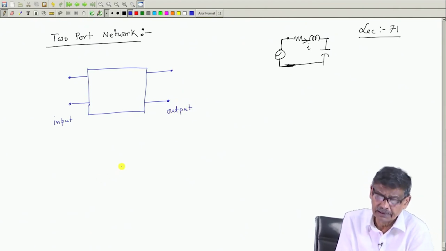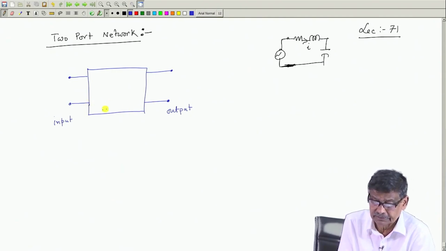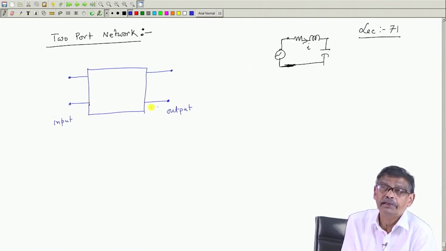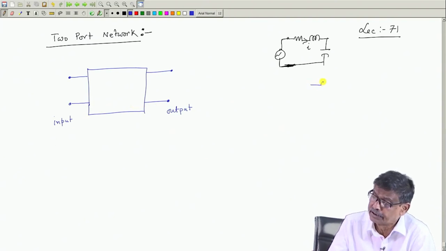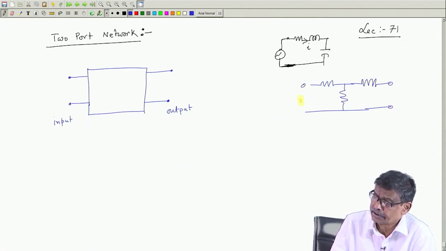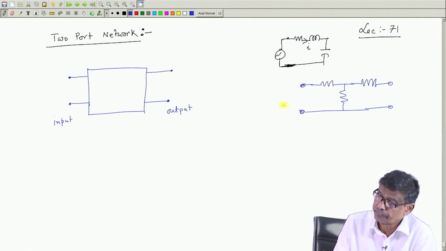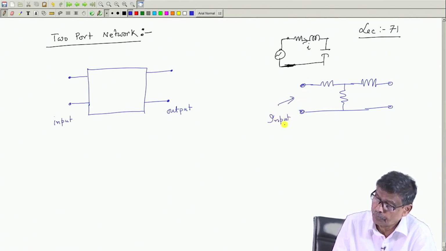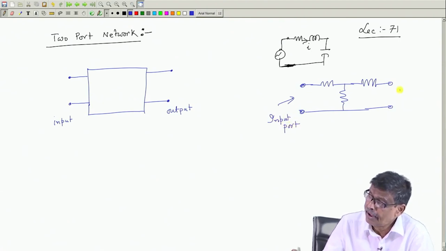And often the input and output will be shorted. For example, a network like this. I declared that these two are my input port, and these are the output ports.